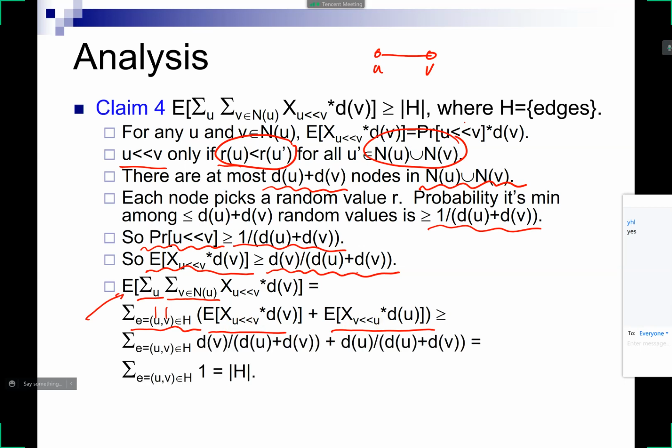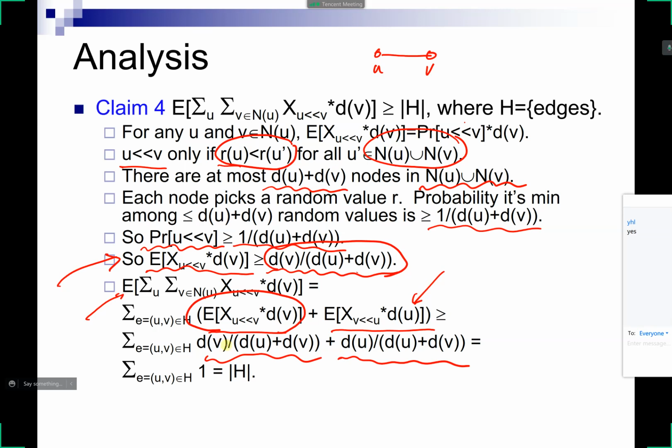Okay. And then by what we have over here, let me clear this up a little bit. We have that this thing is going to be at least equal to this value, dv divided by du plus dv. Okay, and then over here, if you use the same argument, you have that this thing is going to be at least du divided by du plus dv.